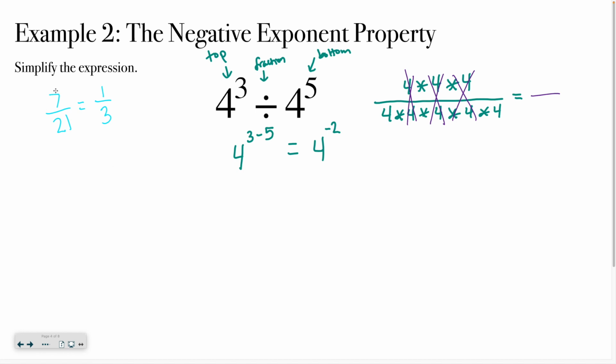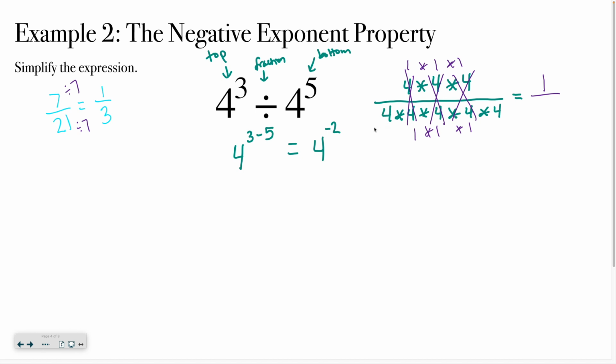No. It's kind of like how over on this problem, instead of just saying that the 7 went away because they're both divisible by 7, I put that 1 there. You're going to do the same thing. Those are all really just turning into 1s, like if you think about it. So 1 times 1 times 1 in each of those spots. But we never have to write times 1, so that's why we usually don't.